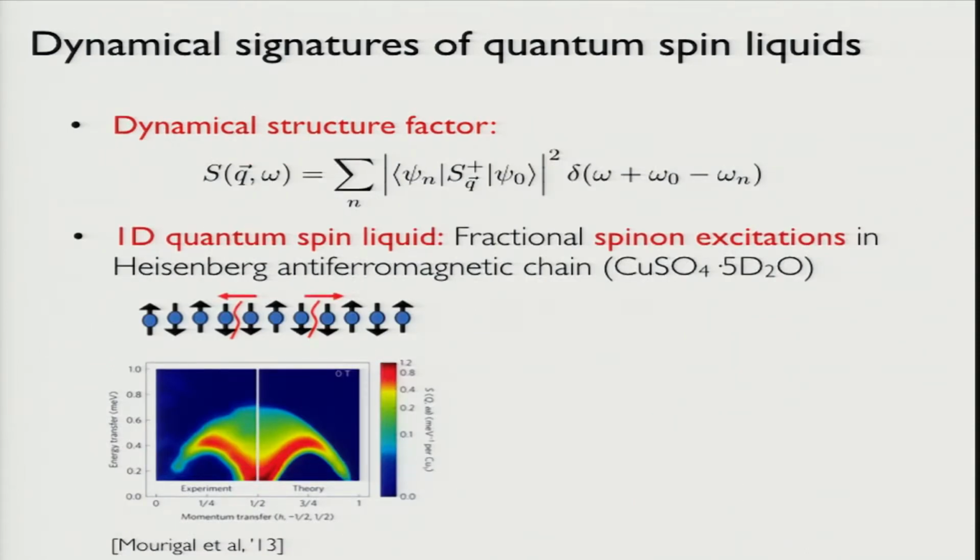What I want to propose is to look at dynamical properties of these phases, in particular the dynamical spin structure factor. Basically, this is the probability of finding excitations with lattice momentum Q and energy omega, given here in the Lehmann representation, for example. And there is already a nice example where this was done quite successfully.